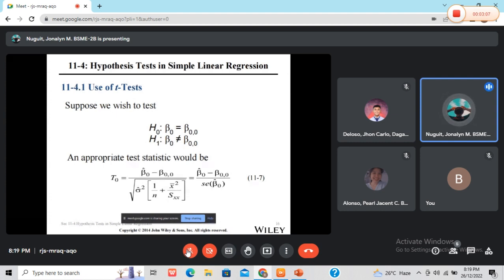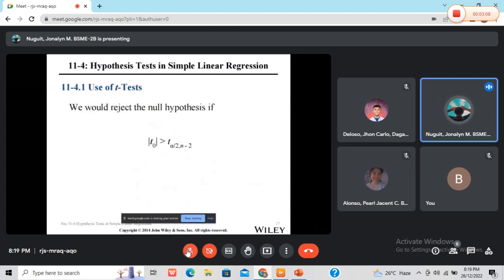So we would reject the null hypothesis if the absolute value of t sub 0 is greater than t alpha over 2, n minus 2.